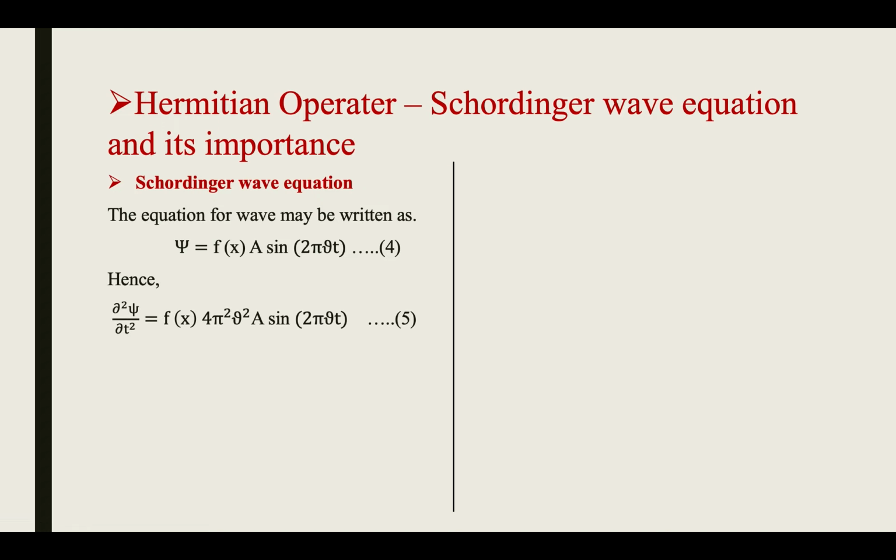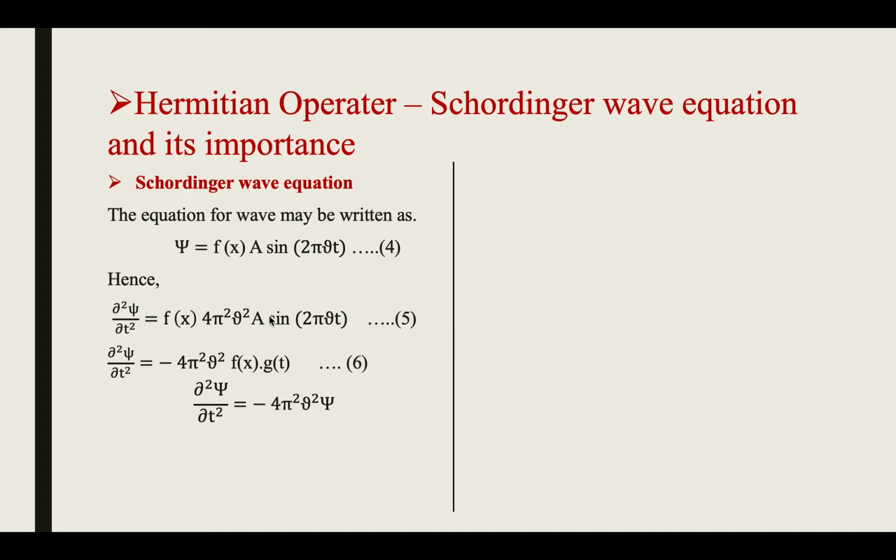So hence if you double differentiate with respect to time, you will get this equation: ∂²ψ/∂t² is equal to f(x) times 4π²ν² a sin 2πνt. So this will become equation number 5.